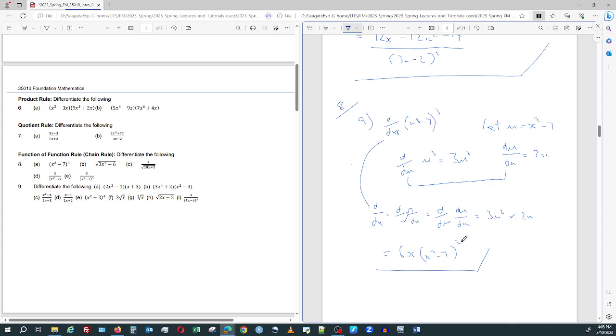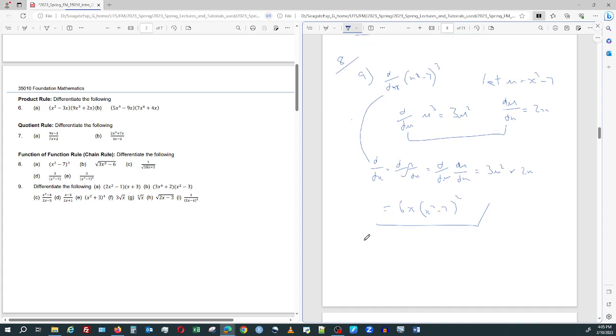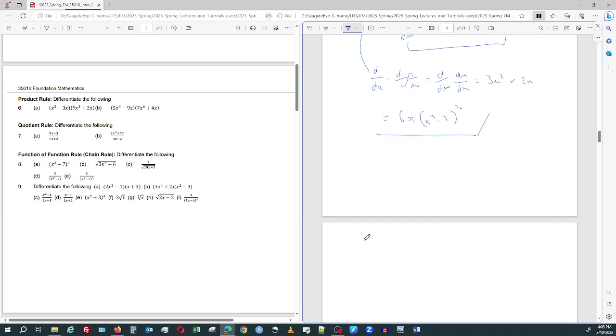So being able to do them as expressions, I believe, is incredibly important. Okay? So that's why I'm going to continue to do it. I'll contrast it for you because I think that's important. So for B, we've got a bit of, let's call it y equals the square root of 3x squared minus 6.